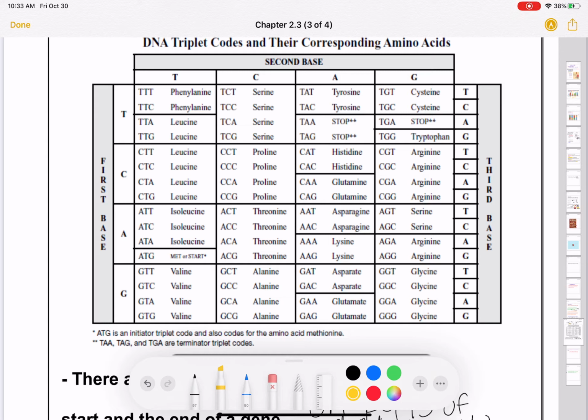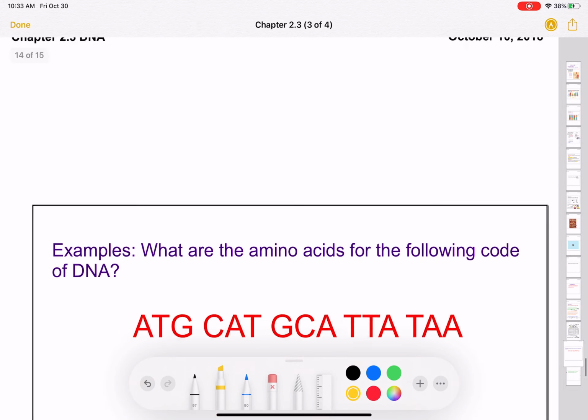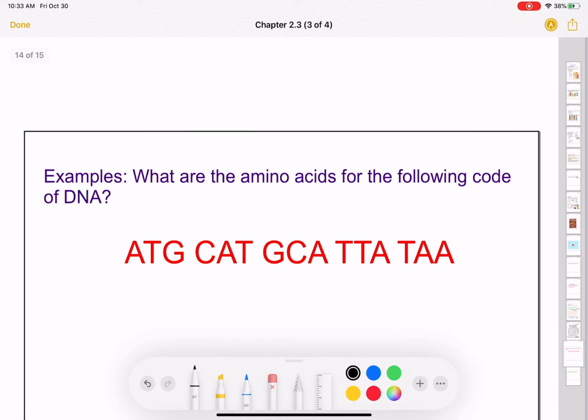So we're looking for ATG right there. Again, it's MET. So luckily, this is a start codon. So if you want to write start or MET, up to you.